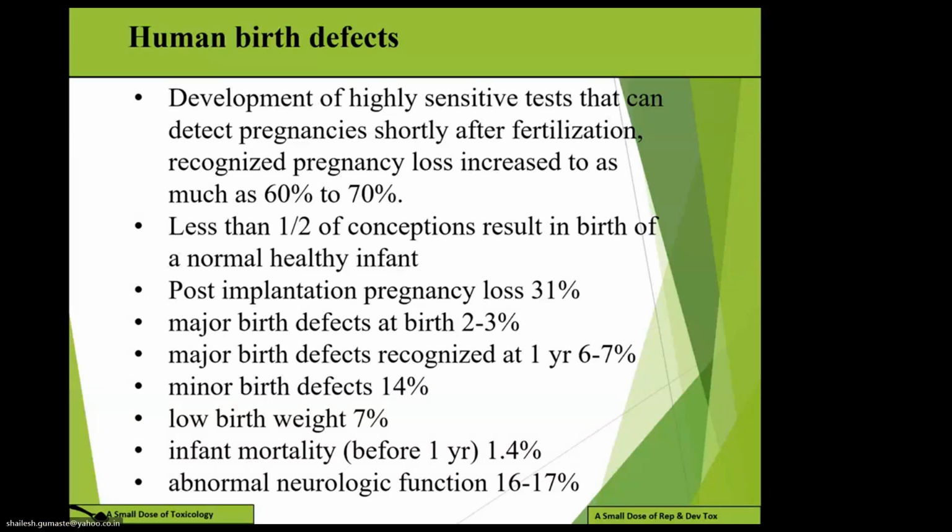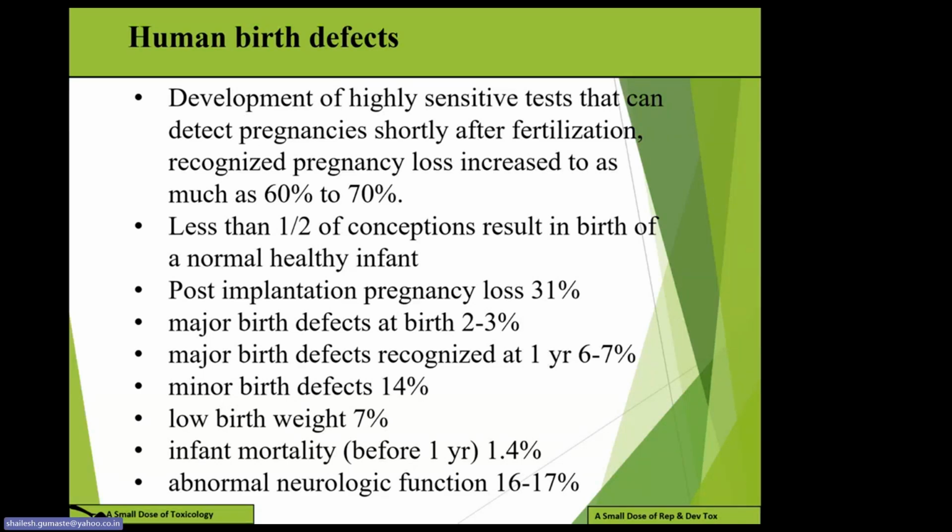So, what are the human birth defects? With the development of highly sensitive tests that can detect pregnancy shortly after fertilization, recognized pregnancy loss increased to as much as 60 to 70%. Less than half of conceptions result in the birth of a normal healthy infant.